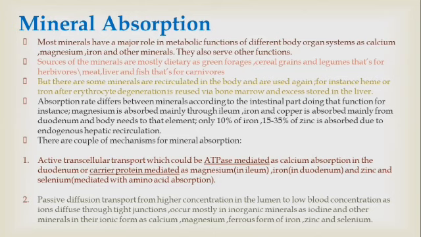Number one, active transcellular transport, which could be ATPase mediated, as in calcium absorption in the duodenum, or carrier protein mediated, as with magnesium in the ileum, and zinc and selenium mediated with amino acid absorption. Number two, passive diffusion, from higher concentration in the lumen to lower blood concentration, occurs mostly with inorganic minerals such as iodine and other minerals in their ionic form, such as calcium, magnesium, ferrous iron, zinc, and selenium.